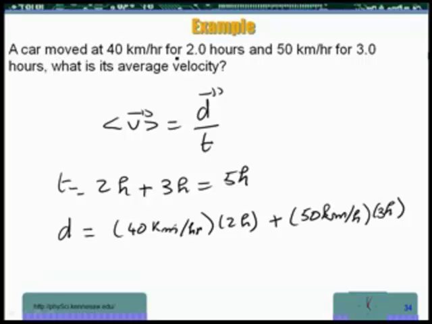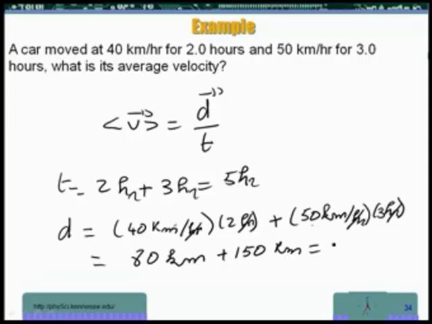Now, since the sign of the velocity did not change, it tells us that it moved in the same direction here. And 40 times 2 is 80 kilometers. The hours cancel. And then 50 times 3, 150.